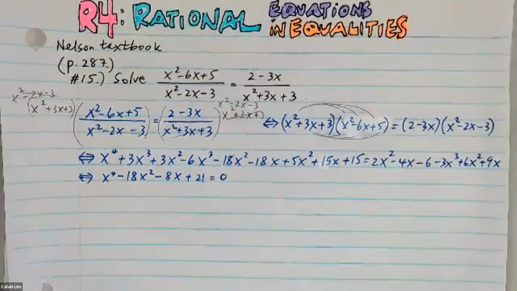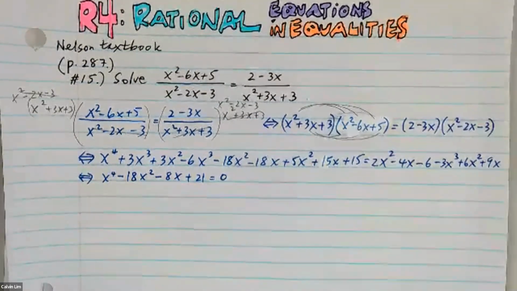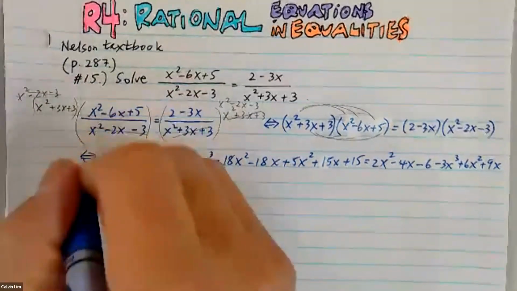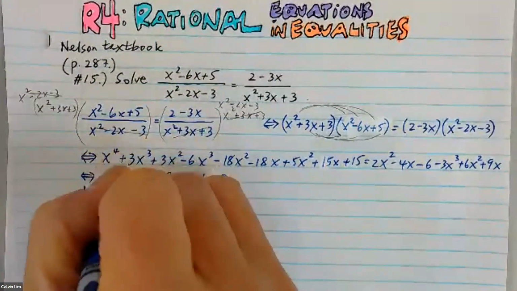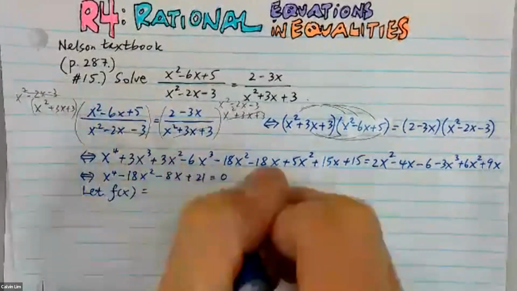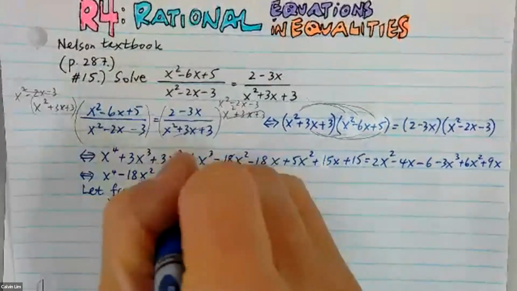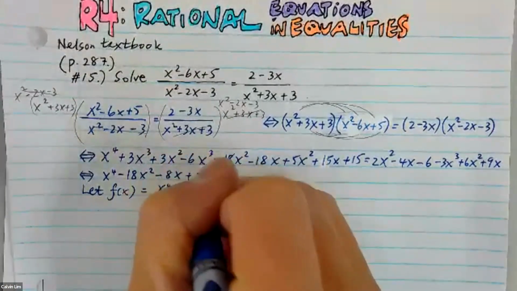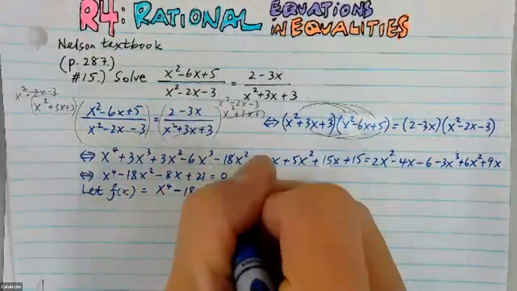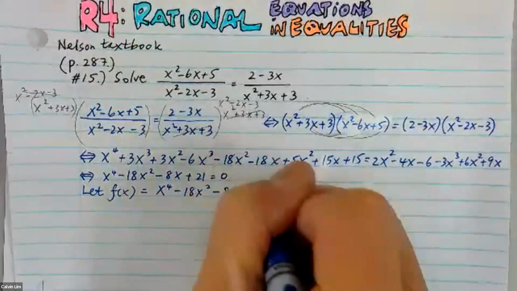And then how do you solve this? Polynomial equation, right? Let f of x be x to the fourth minus 18x squared minus 8x plus 21.